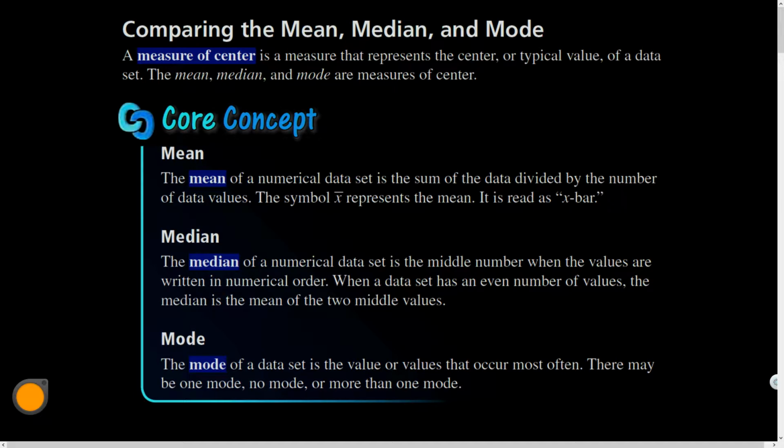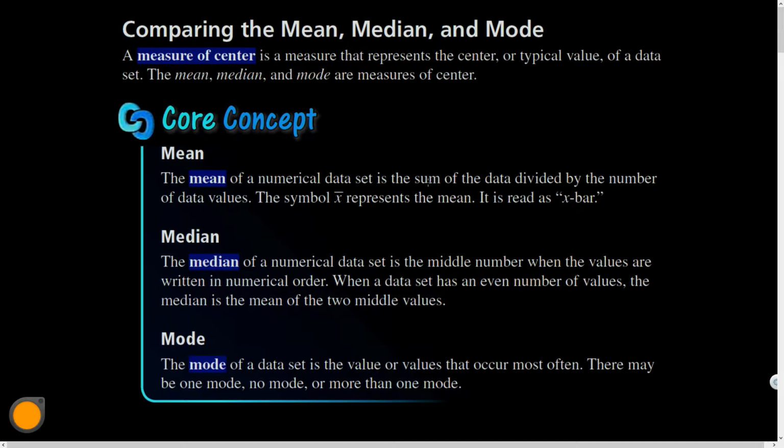A measure of center you might have heard called an average before. There are a few types of averages, and you've heard of these as well: mean, median, and mode. To find the mean of a data set, I add them all up. That's what the word sum means.